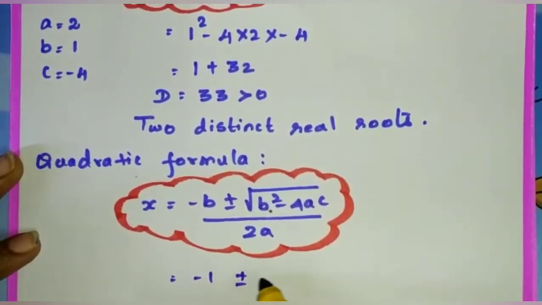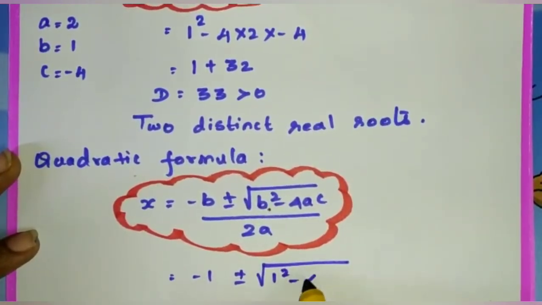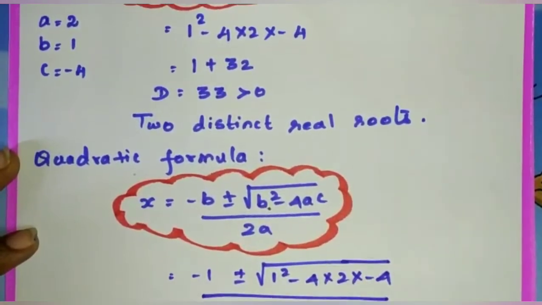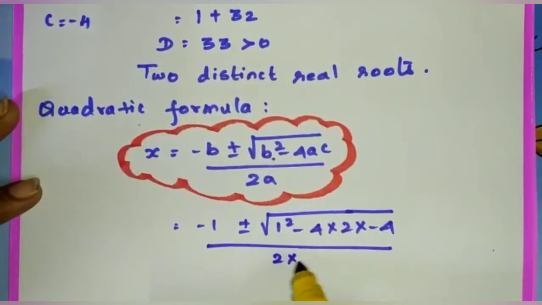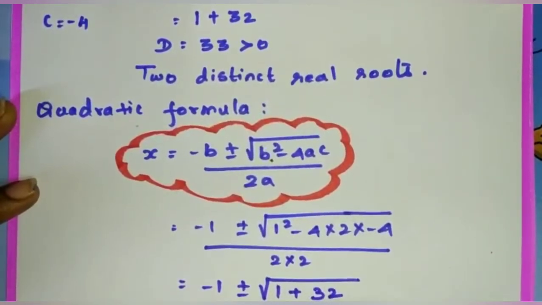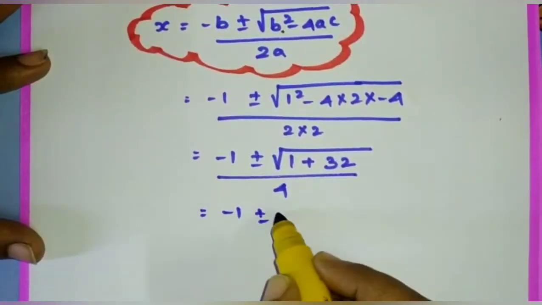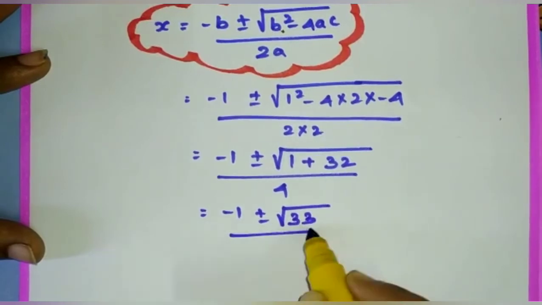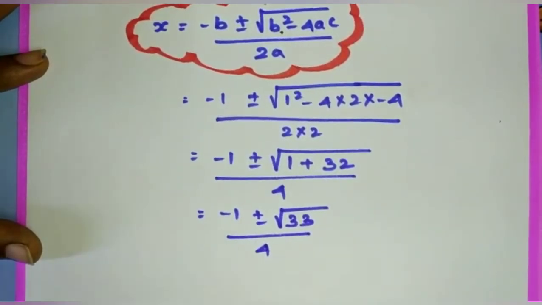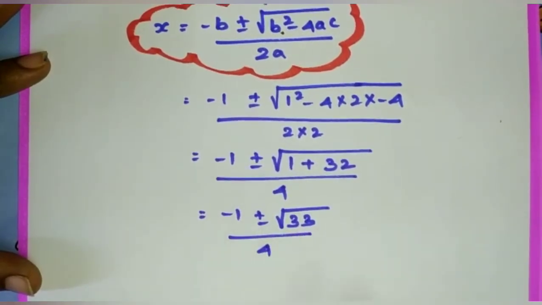Minus 1 plus or minus root of 1 square minus 4 into 2 into minus 4, divided by 2a, 2 into 2. Then minus 1 plus or minus root of 1 plus 32, divided by 4. Then minus 1 plus or minus root of 33 divided by 4. Can you simplify root 33? No, we can't simplify. So keep it as it is.